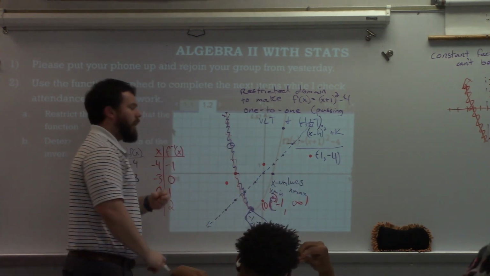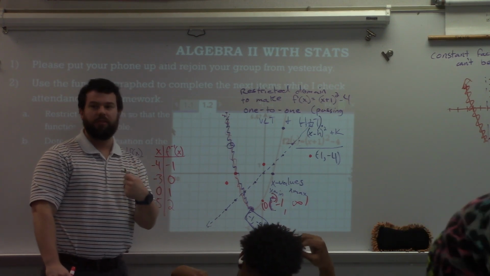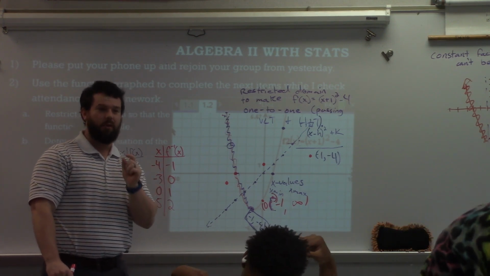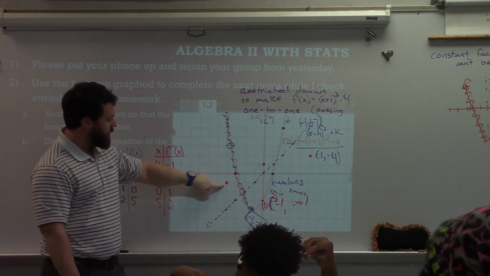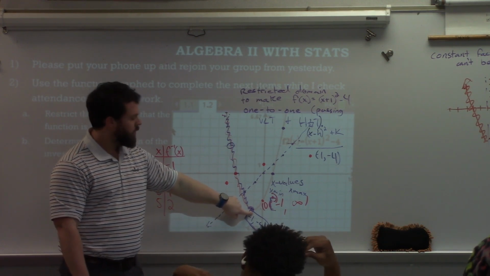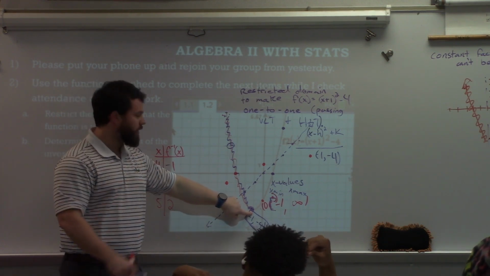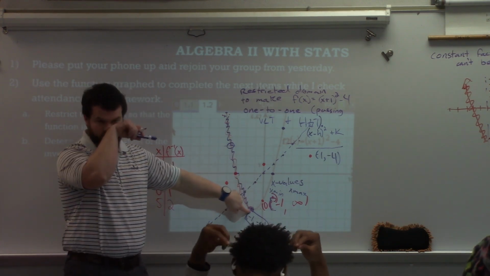Now, I want to caution you, because a lot of students, and I already saw it on the demonstrate your understanding from first block, make a very small, careless error here. This point right here was the what from the original function? If I just look at the original function, what would I have called this point?